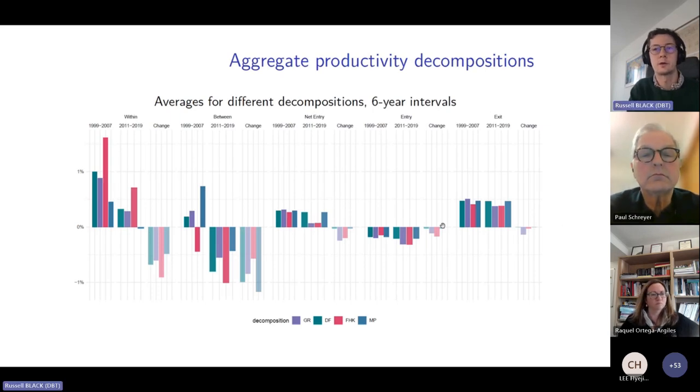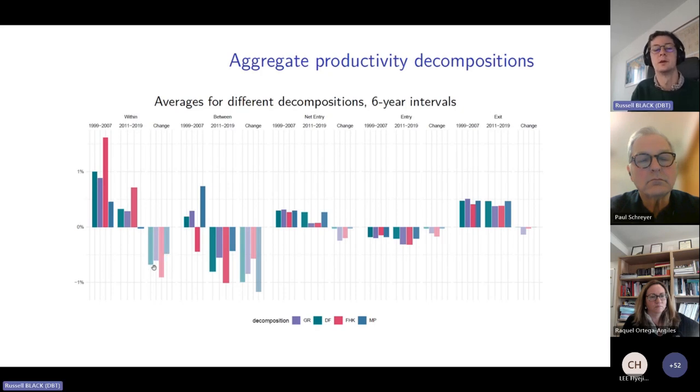The rest of the results I'll go through quite quickly, and then we'll get on to the discussion and questions. This is the table presented in bars, if this is a nicer way of presenting this. So you can see across the 4 decompositions, this is the existing growth, the post-crisis growth, and then the change.